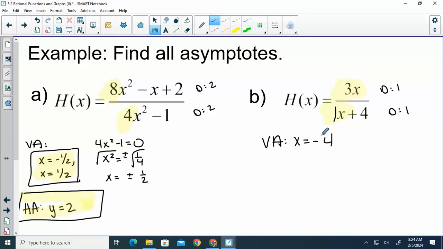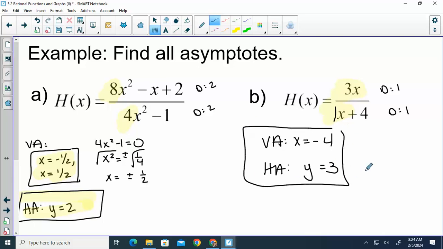So this is like a 3 over 1. So y equals 3. Does that make sense?